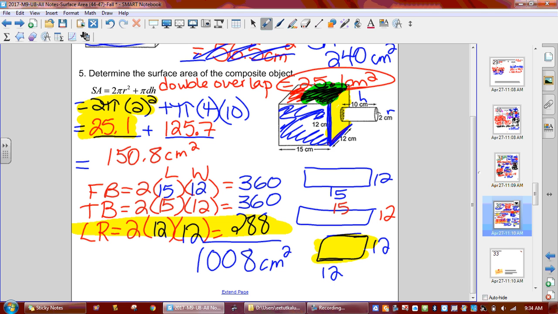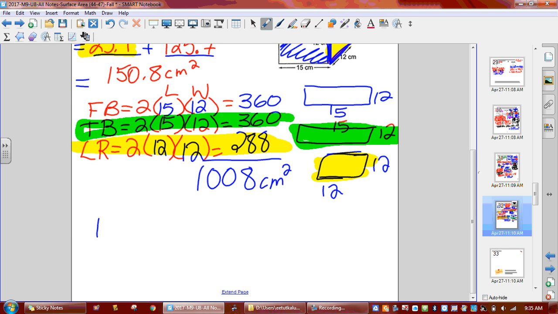All right. So now our job is to add the two and subtract the double overlap. So object 1, 150.8 plus 1,008 subtract 25.1. And that's going to give us our total surface area.